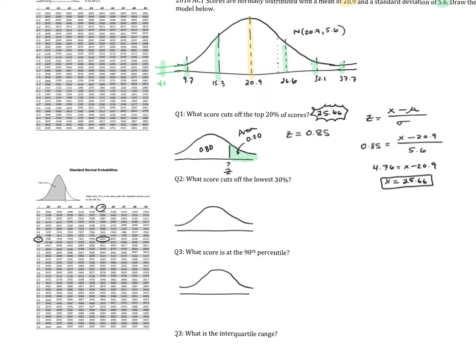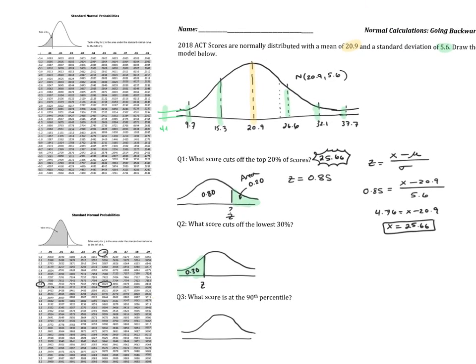What score cuts off the lowest 30%? So the lowest 30%, I'm just going to shade in 30% of the area. And you can better approximate where that's going to be because you know the empirical rule. And I want to find this z-score, and the area to the left is 30%. You always want the area to the left because that's what the table gives you.